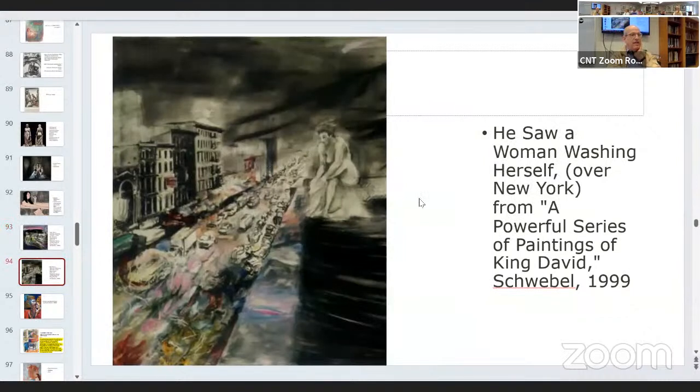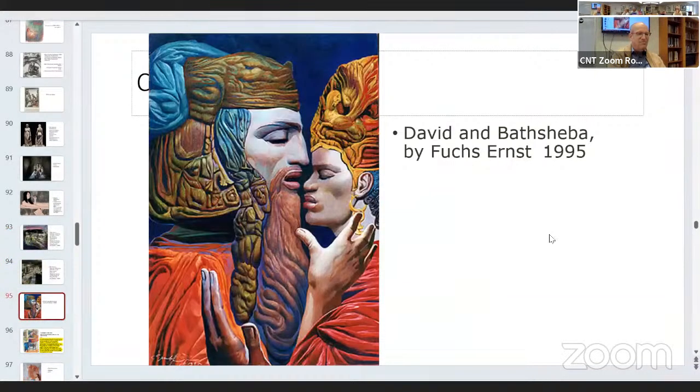And then he does it again in New York City. There's a series of King David with Bathsheba overlooking different cities around the world. He brings Bathsheba into each of these cities. For lack of time, I'm not going to analyze each one, but it's just beautiful.